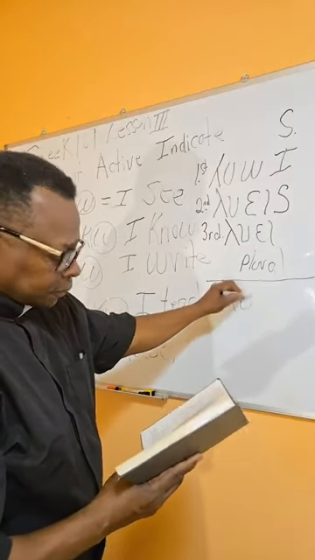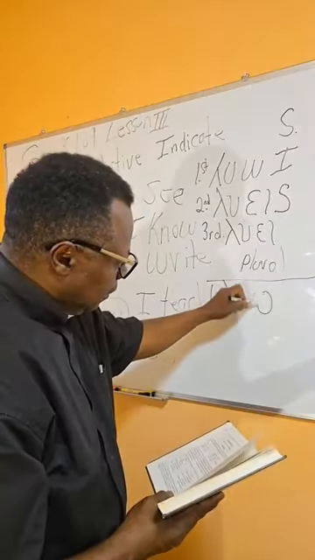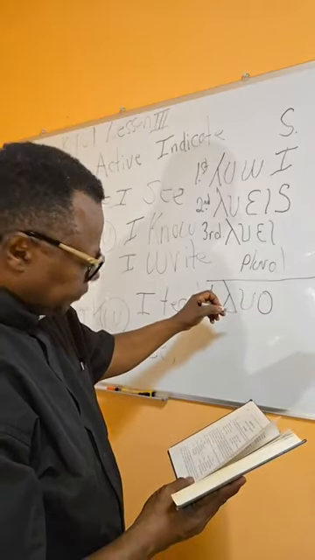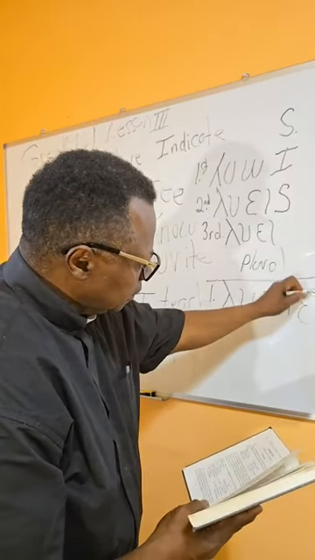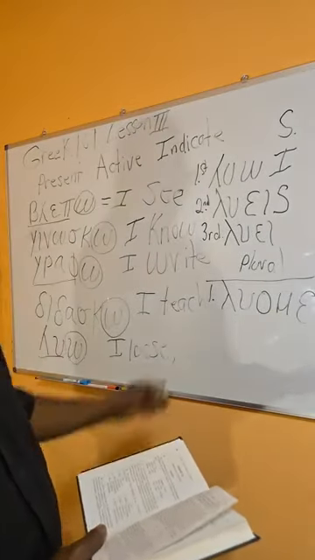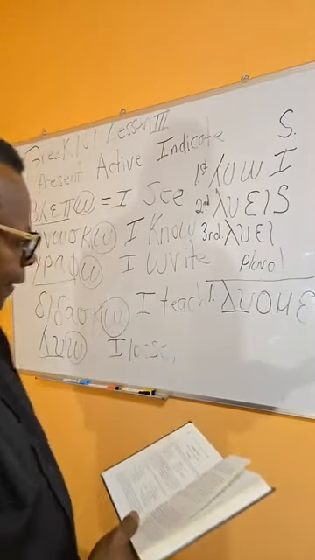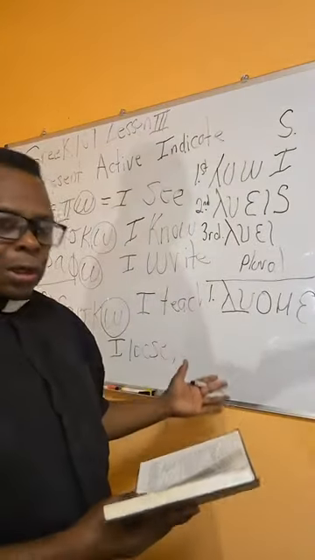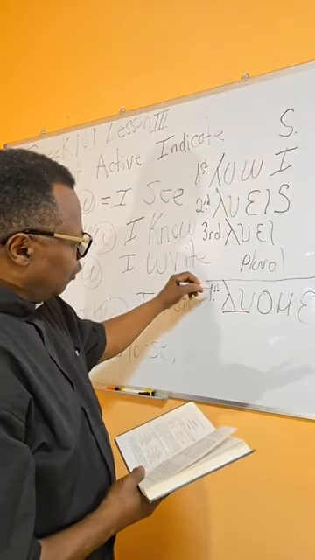Luomen. Lu, omicron, mu, epsilon, nu. Luomen. Here's your stem. Luomen means we loose. All right, first person, plural.